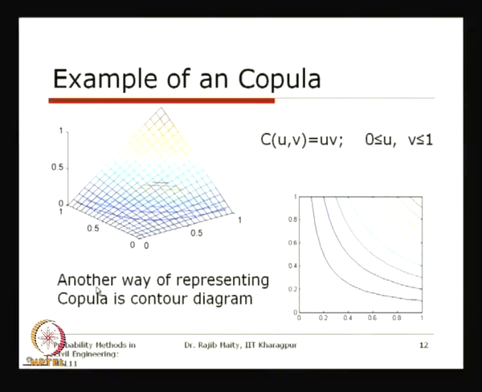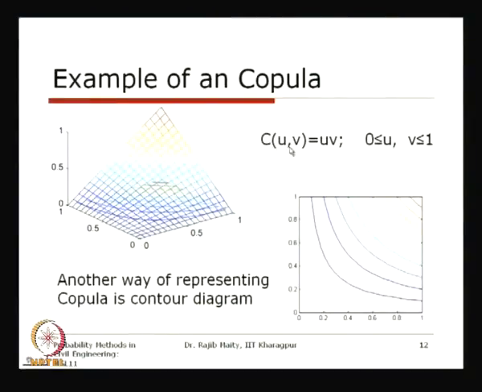One example of a copula, which we also used earlier, is the independent case. If the two random variables are independent, then we know that their joint distribution is nothing but the product of their individual marginal distributions. So the copula function is C(u,v) equals u multiplied by v.